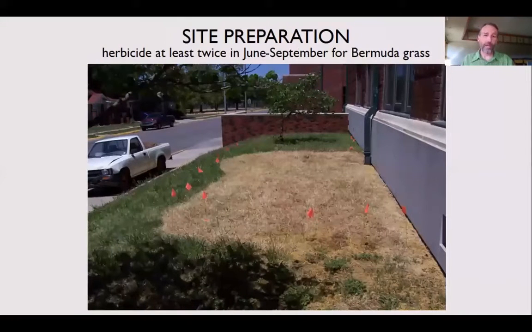You can try the non-chemical methods, and I really don't like to use chemicals unless I have to. I don't like the exposure to it. I don't like the environmental use of them. But this is one case where I find if it's used sparingly, judiciously, this can be a very helpful tool in preparing your site and helping keep you from doing a lot of weeding work down the road.